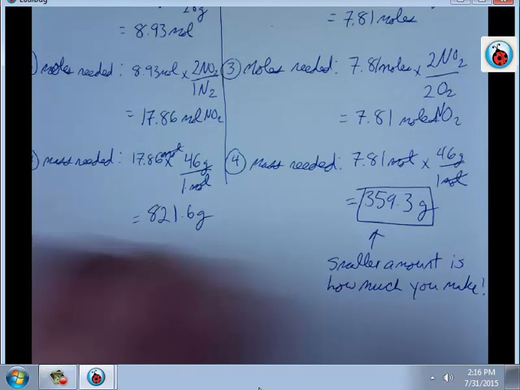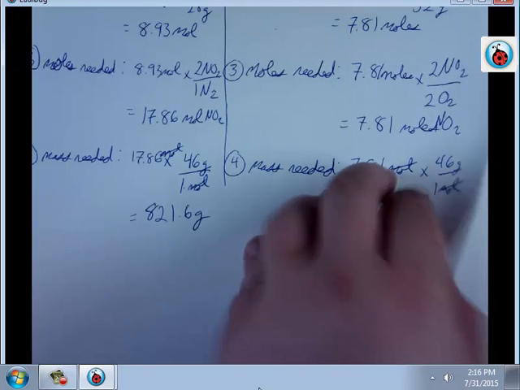Alright, so we're going to do one more example. Now this time, I'm actually not going to number my steps, so I'm just going to go through and do each of the steps for each side. At this point, you should be able to follow along and figure out what I'm doing at each step.